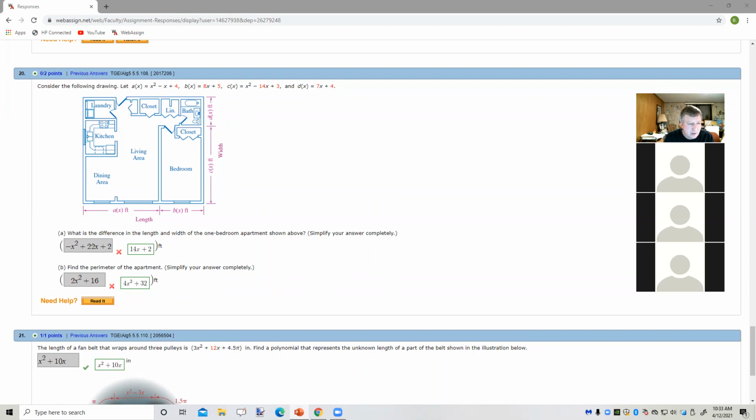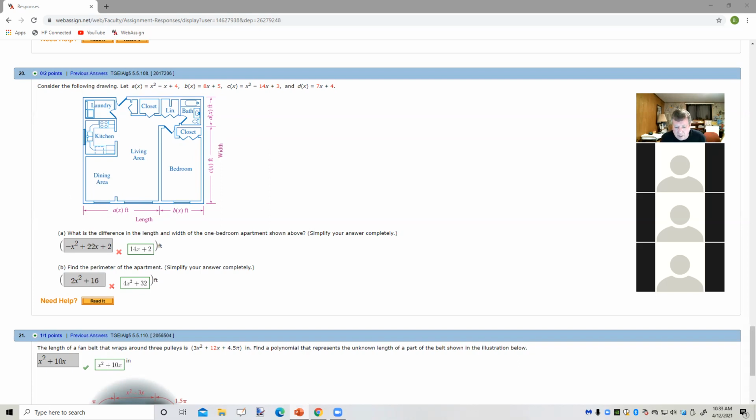So the length would be A of X plus B of X. But A of X is X squared minus X plus 4, plus B of X, which is 8X plus 5. And then the width is C of X, which is X squared minus 14X plus 3, plus D of X, which is 7X plus 4.